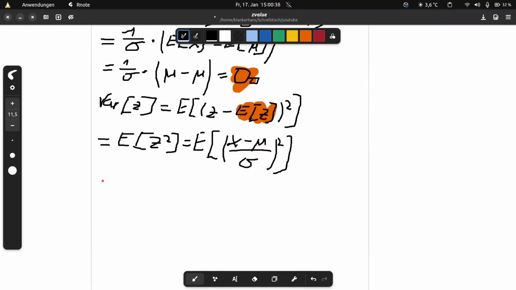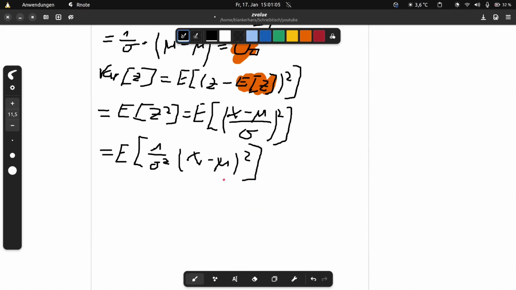So now we just need to rewrite it a little bit, and we are left then with the expectation of 1 divided by sigma squared times x minus mu squared.